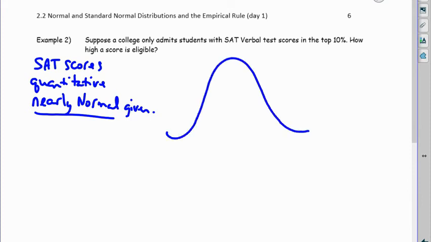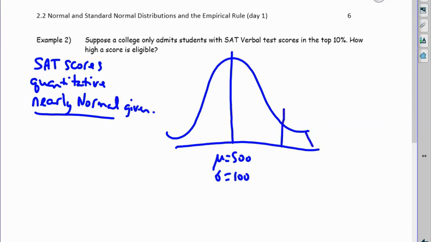So I'm going to draw my curve, and this was a mean 500, standard deviation of 100, and I want students who score in the top 10%, so 10%, which equals 0.1, and I don't know what this number is, but I do know that that area is 0.1, so I need to find out what that number is.